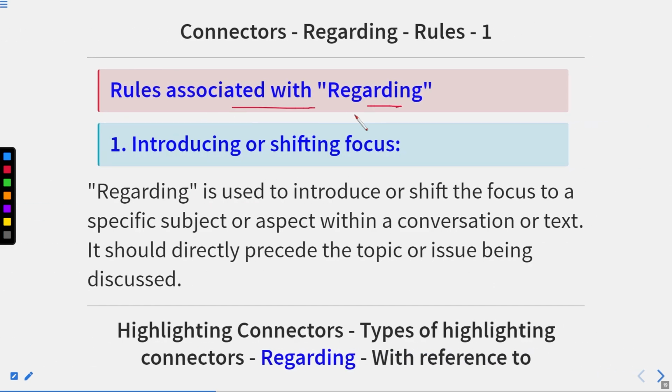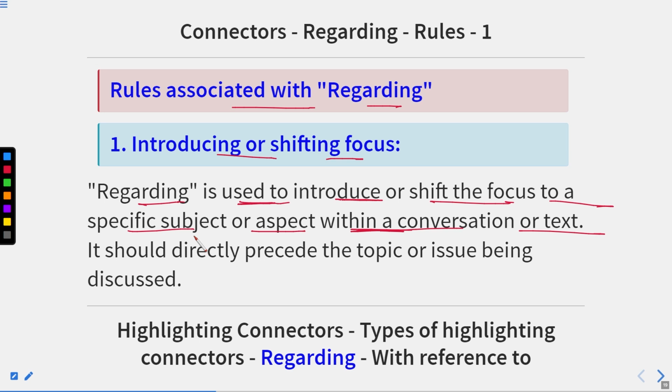Now, rules associated with regarding: introducing or shifting focus. Regarding is used to introduce or shift the focus to a specific subject or aspect within the conversation or text. This is again very important when we give a reference of something, when we provide some information about some particular thing, when we are talking about something according to something.